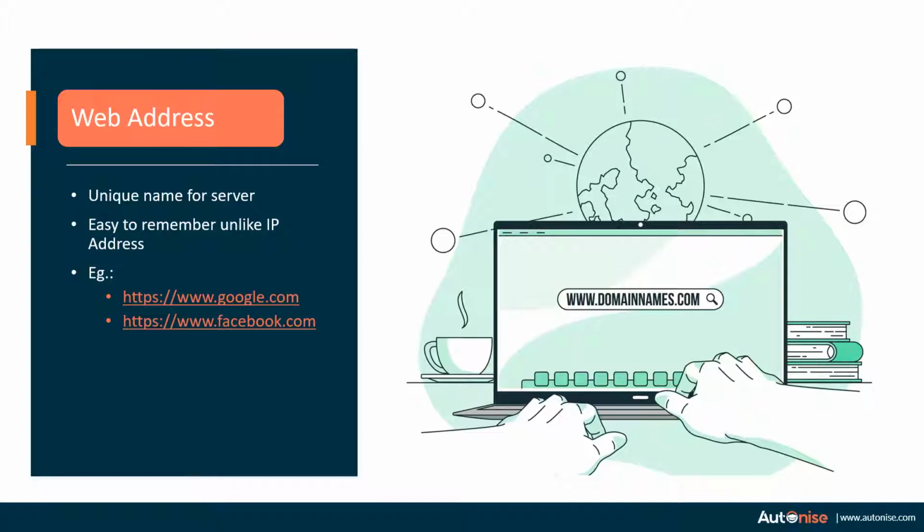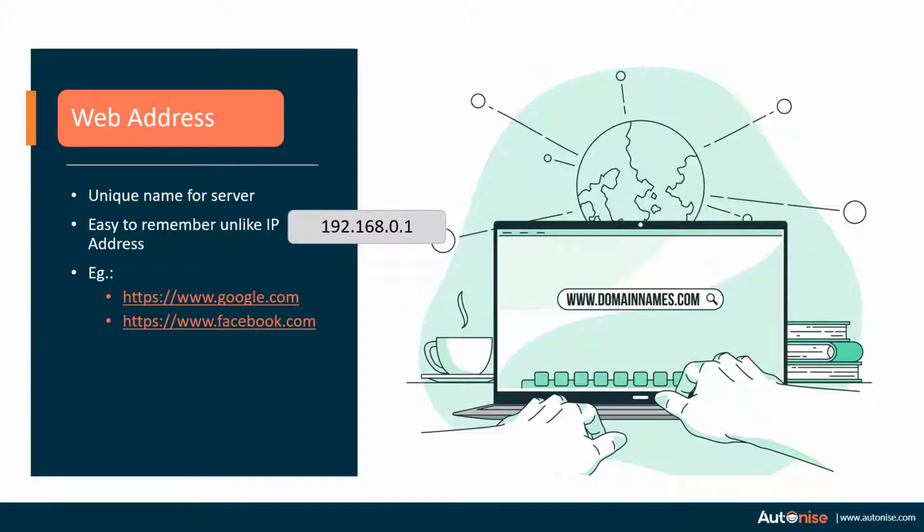Now, the name of a website or the server is the IP address, which is not human readable. It's very hard to remember the IP address of a website. So that is why instead of the IP address, we have the web address.